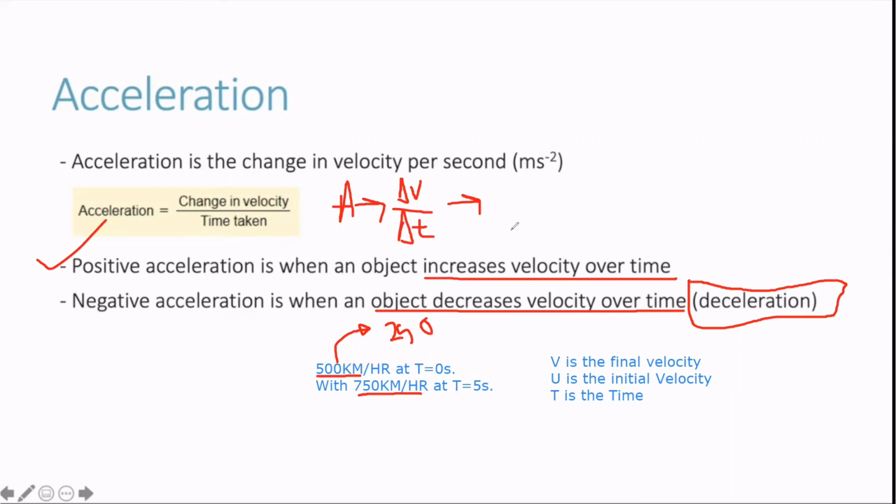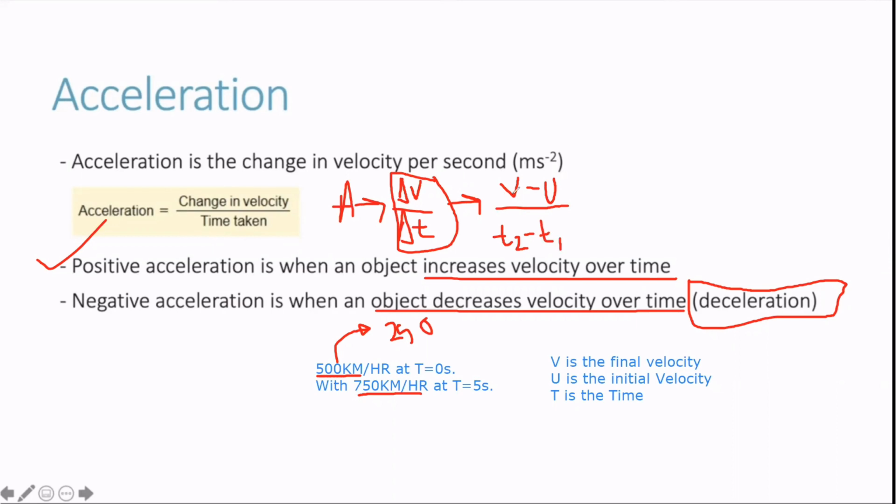So we can simplify this formula, which is quite complicated, and make it easy. We can write it as v minus u upon t2 minus t1.